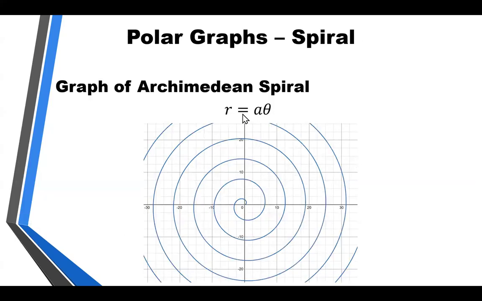And then r is equal to theta, or r is equal to some value times theta, gives you this spiral. That's actually called an Archimedean spiral, from Archimedes. So Archimedean spiral, or just spiral.